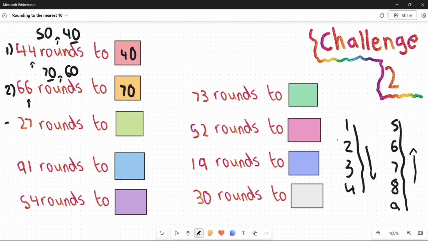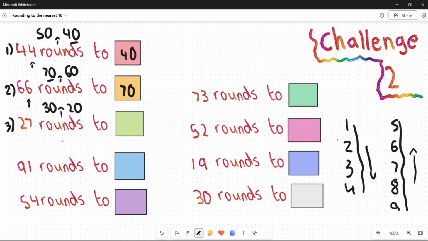Now let's look at question 3. 27 rounds to dash. 27 is in the middle of 30 and 20. I hope you all are following along and you're writing along with me. I want you all to even pause the video before I mention the nearest numbers and try to find out what the nearest numbers are for yourself so that you will be able to easily solve any questions that come to you like this later on.